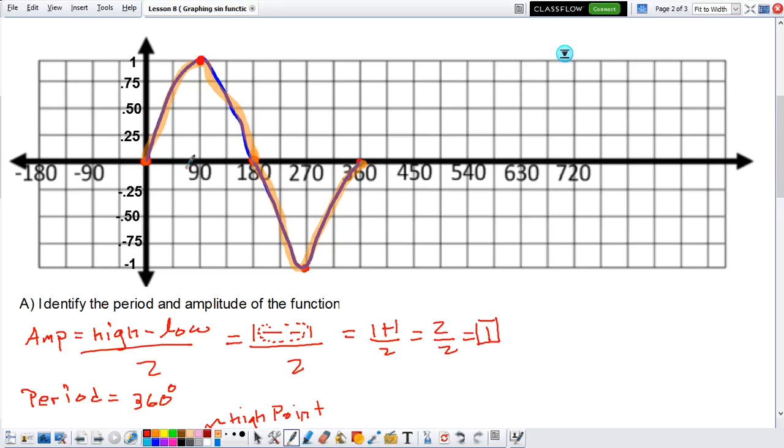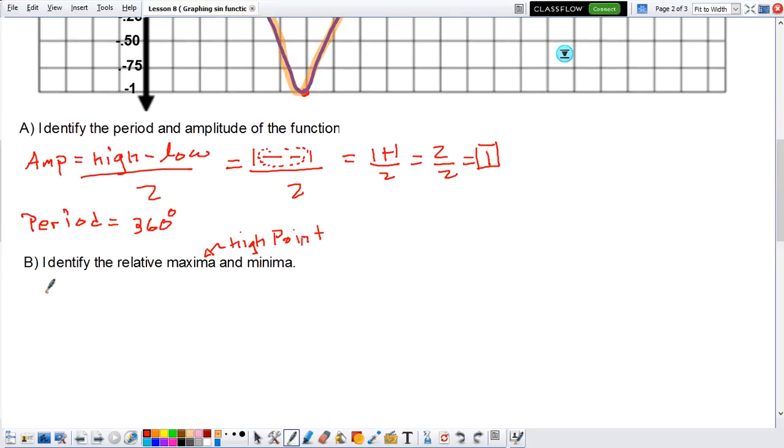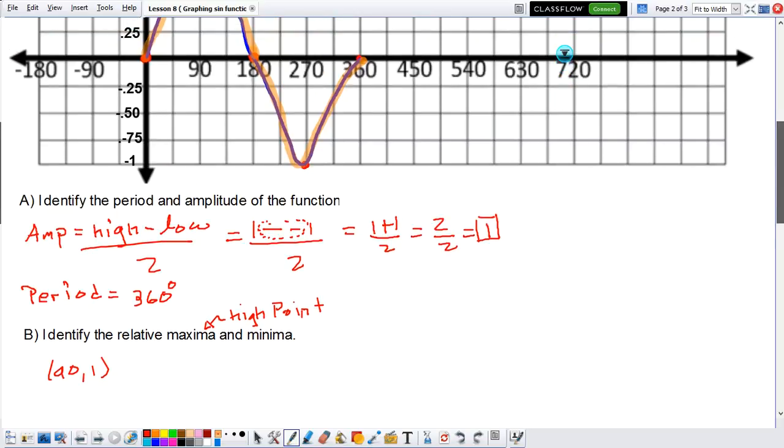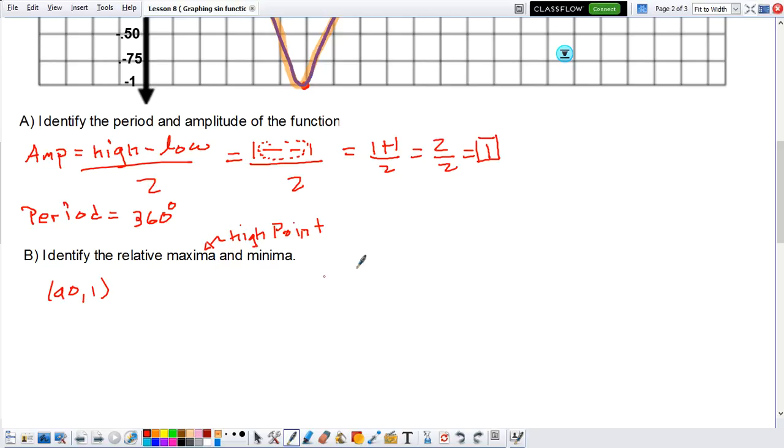Our maximum occurs at 90 degrees when the value is 1. So we have a maxima at 90, comma 1. And when do we have a minima? Well, here's our lowest point. This happened when we had 270 degrees. So my relative min, or the lowest point, is at 270, comma, -1. So this is relative max.